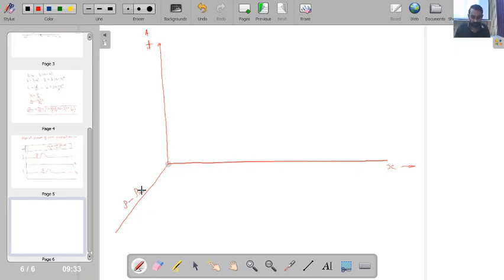On this axis, if I want to show the wave structure at some time t1, say my wave structure is something like this. Now at some other time t2, say my wave structure is something like this.